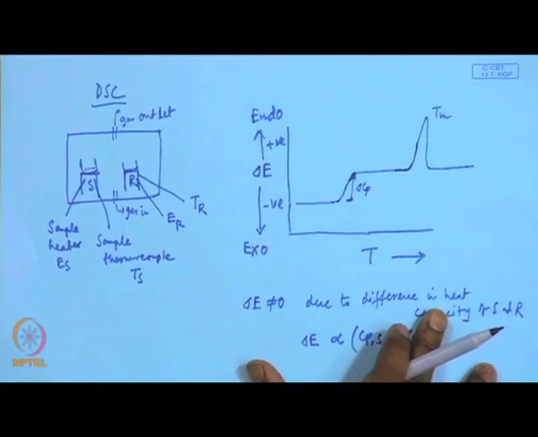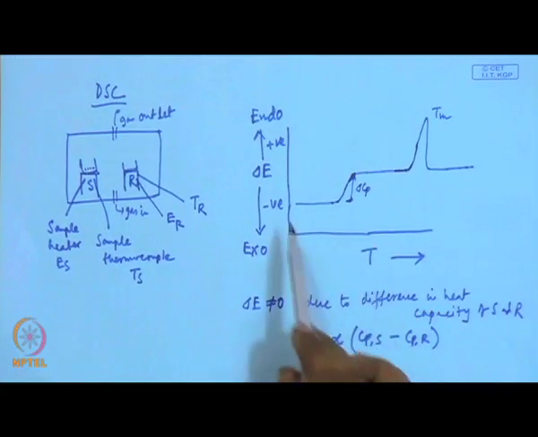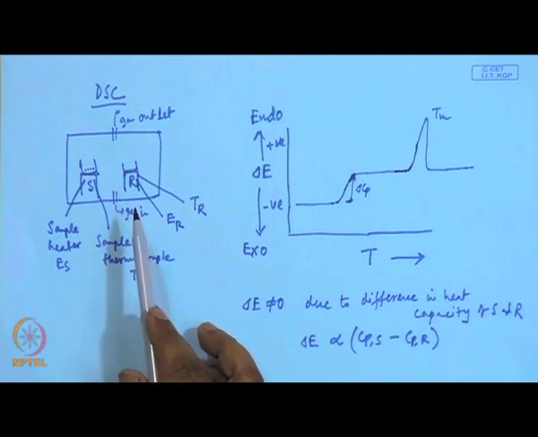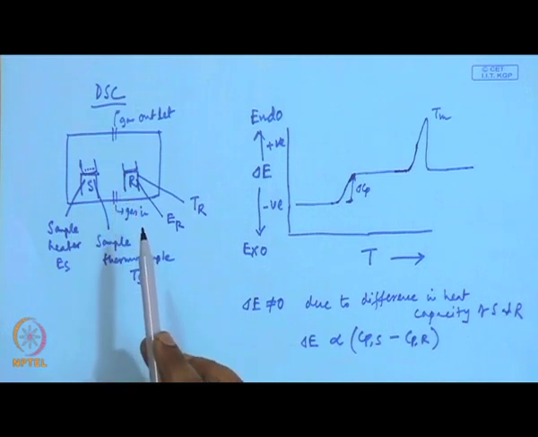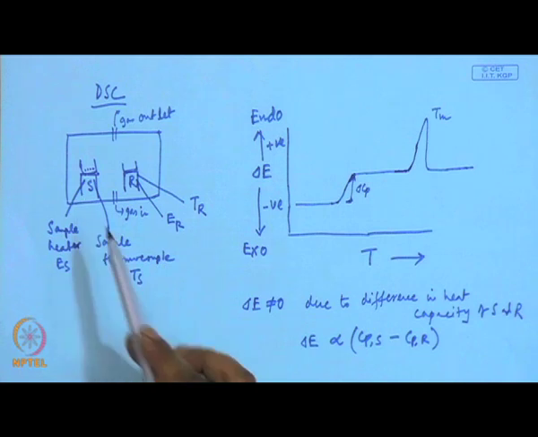So, in case of DSC, the temperature between the reference and the sample is kept constant and the required energy is supplied.